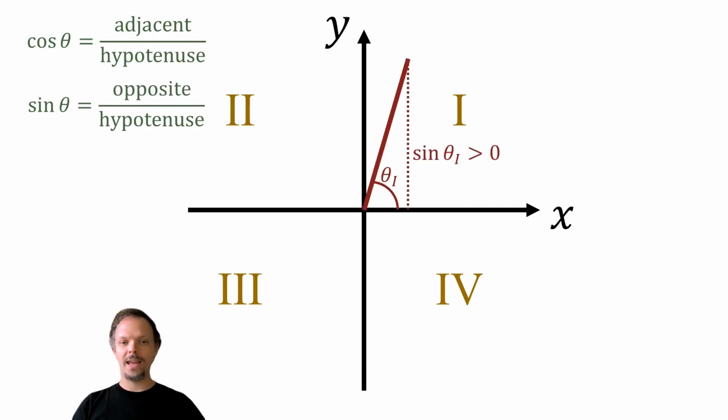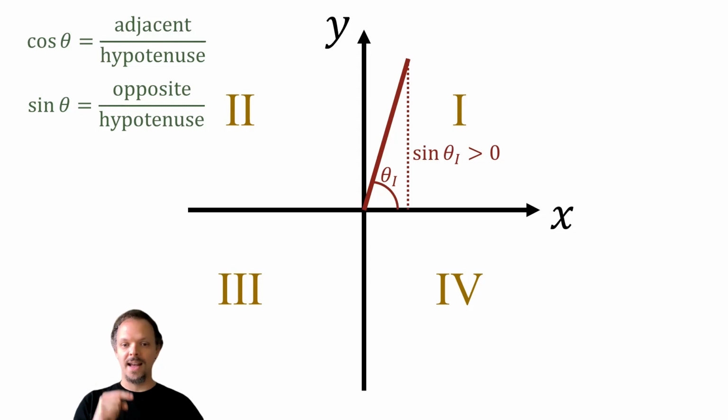So we'll begin with an angle here in the first quadrant. Here in the first quadrant, you can see I've drawn a picture of an angle. We're always going to define the hypotenuse as a positive quantity. It's a distance from the origin. It's always positive. And if we're thinking about the sine of this angle, then we need to look at the opposite side from that angle.